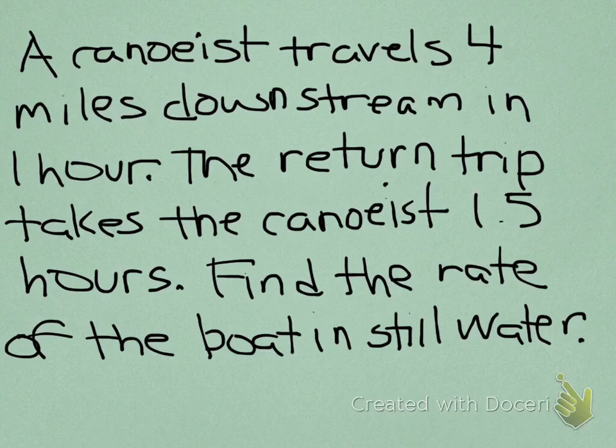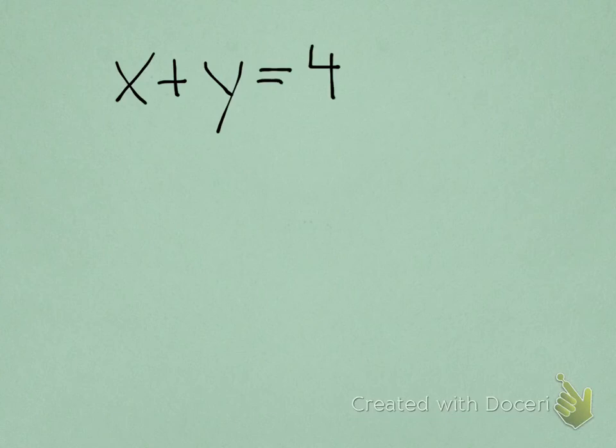Since we're talking about downstream and upstream, we need to think about whether we're going to get helped by the downstream or it's going to go away from us. So in this case, it's going to help us. So we're going to add our two variables, and that equals 4 for the distance.